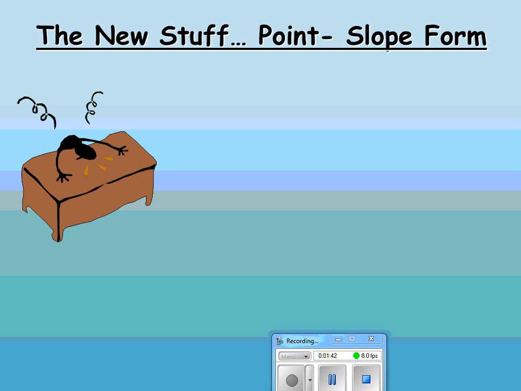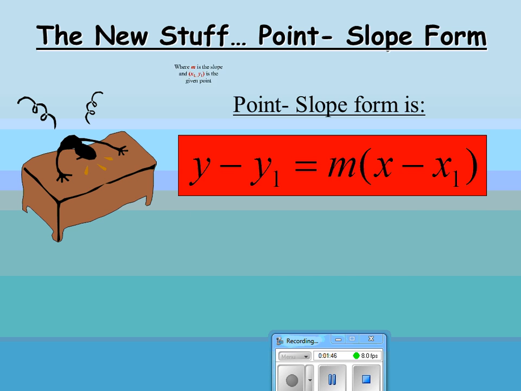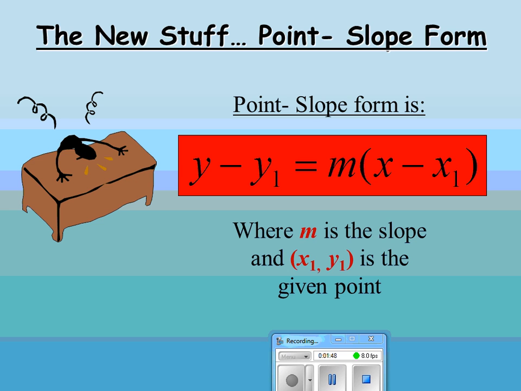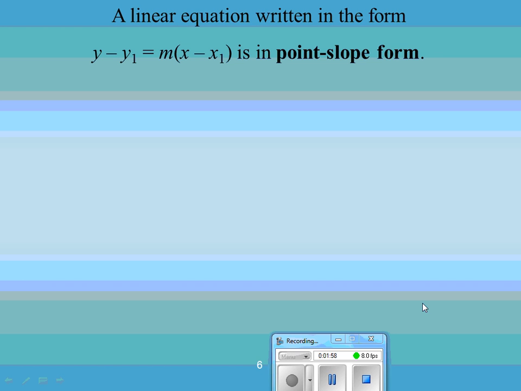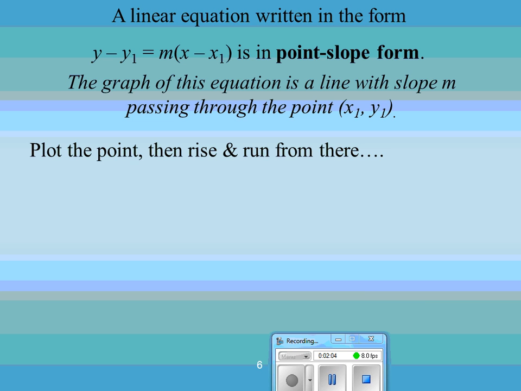Okay, so let's look at some new stuff. We're going to talk about the point slope form. That means that we can write an equation describing the line if we know a point and we know a slope. That is today's homework. We're given a slope and a point. A linear equation is written in this form.